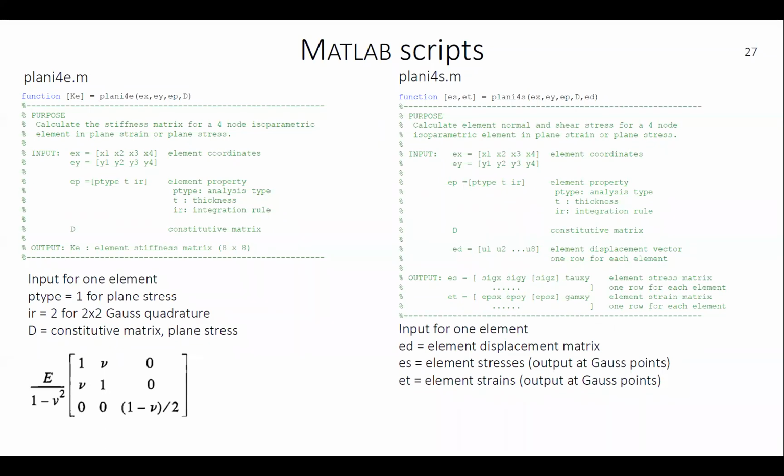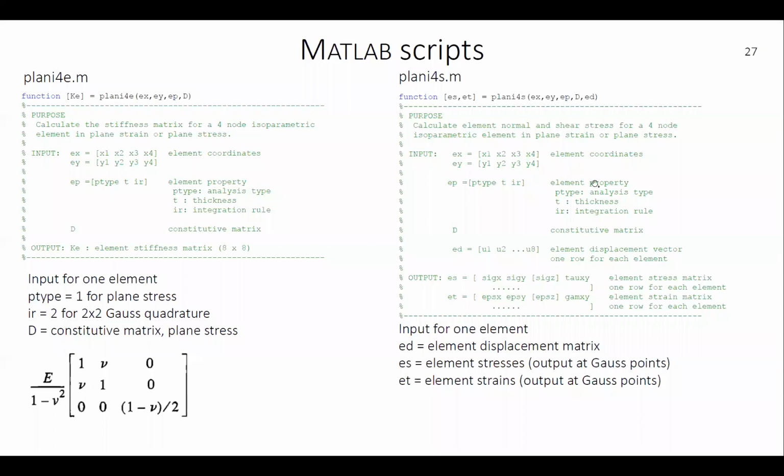And when you have the global displacements, you will use this function Plany4S to calculate the stresses. And the input again is the same coordinates, EX and EY, the same properties, EP, and the same constitutive matrix that you have already defined.